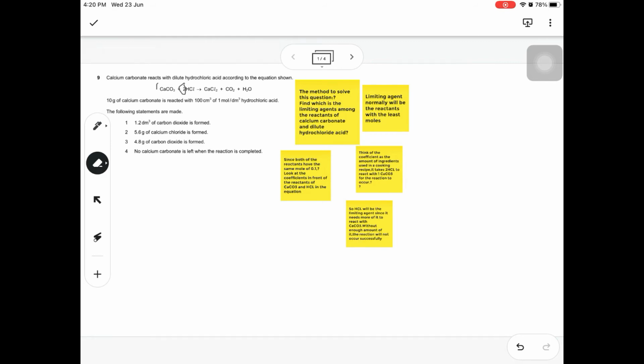So now we know the formulas that we need to use in this question, and that the limiting agent is important to help us find the answer for this question. We will be finding the moles of calcium carbonate first.